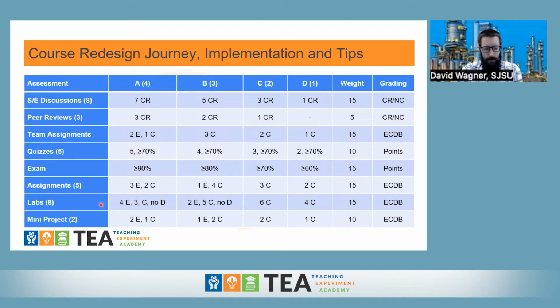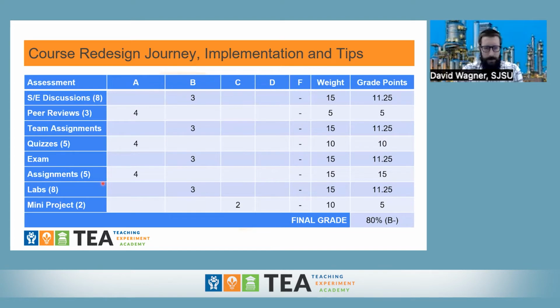Very similar to a couple of the articles that were showcased last summer in the Canvas course. And this is just an example of that breakdown. They had a B level grading for the safety and ethics discussions, with the 15% weighting for the whole grade, it was 11.25 points, and that all adds up to an 80% in the course.